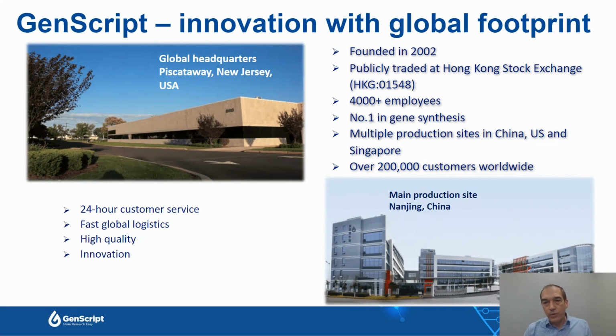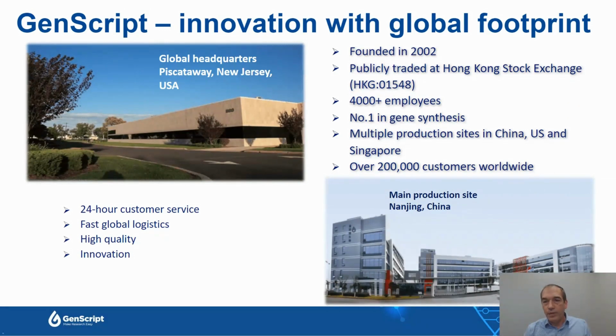So first, before I go into vaccines, a little introduction about GenScript. GenScript is a global company with a lot of services and products. We were founded in 2002. We are publicly traded on the Hong Kong Stock Exchange. We have about 4,000 employees right now, and we are very well known to be #1 in gene synthesis.